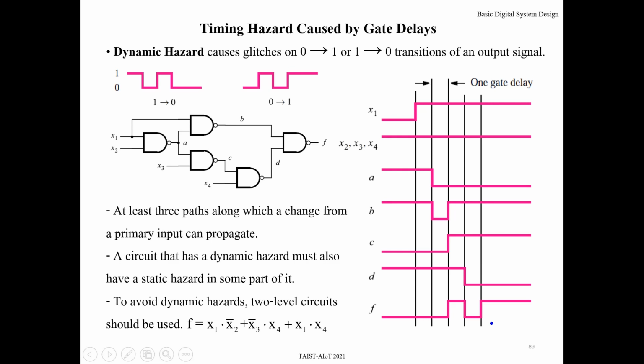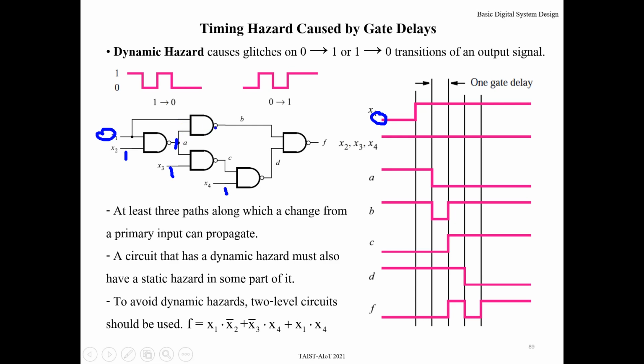For example, if this NAND gate has a propagation delay of this period. At the beginning, if input x1 is 0, and x2, x3, x4 are 1, 1, 1, what happened? 0, 1, then it's 1 here, so A is 1, right?